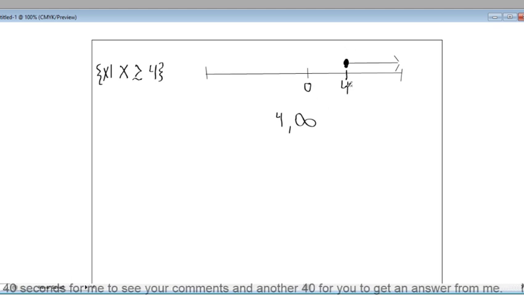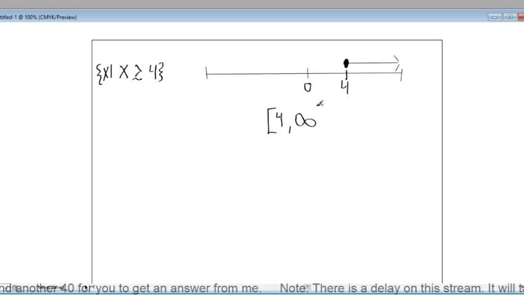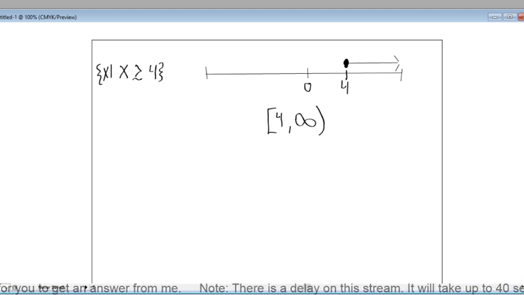Then we have to say whether we can be equal to these start points and end points. Can we be equal to 4? Yeah. And to show that, we will use a bracket. Can we be equal to infinity? No, we can never quite reach it. So we will use a parenthesis to show that. So again, this is what we call a set. And like I said, a set is just a group of numbers.